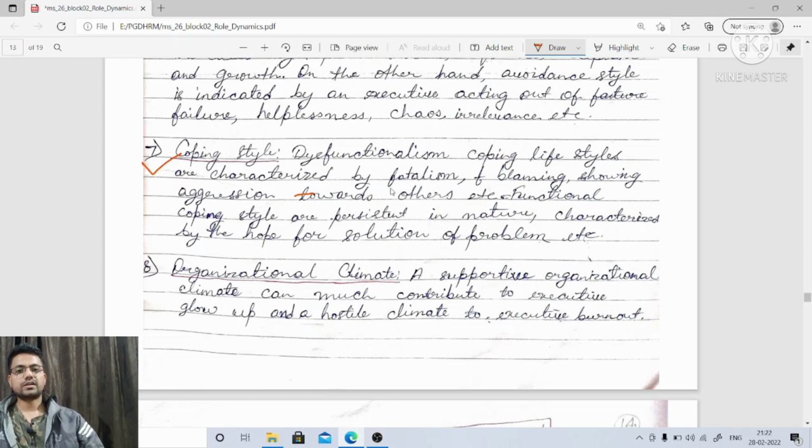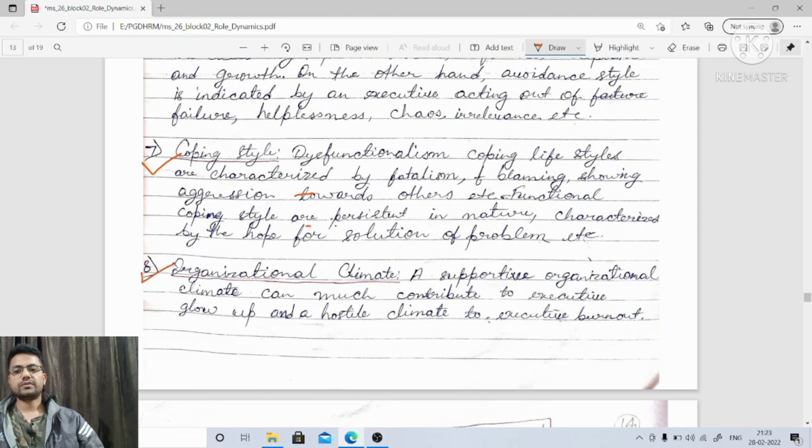So these are dysfunctional coping styles. And in the case of functional coping styles, it means persistence in nature, characterized by the hope for a solution of the problem.